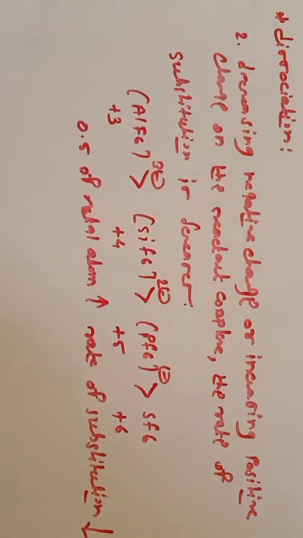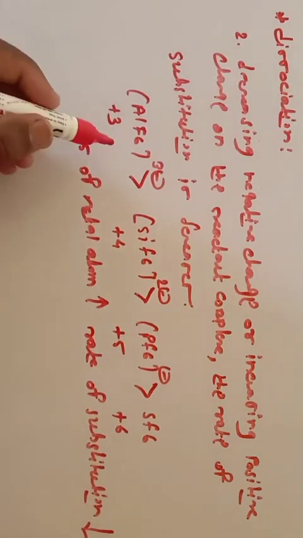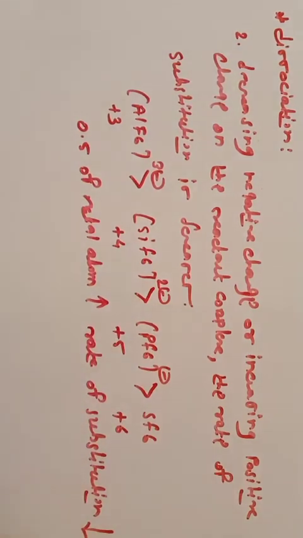So you should keep in mind that decreasing the negative charge or increasing the positive charge on the reactant complex decreases the rate of substitution reaction. In other words, if the oxidation state of the metal atom in the reactant complex increases, then the rate of substitution reaction decreases.